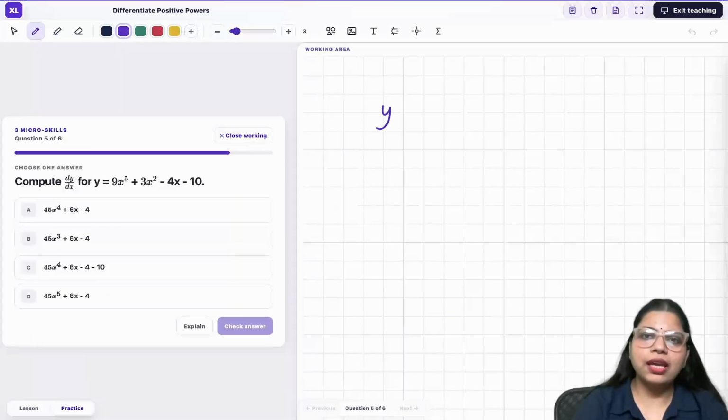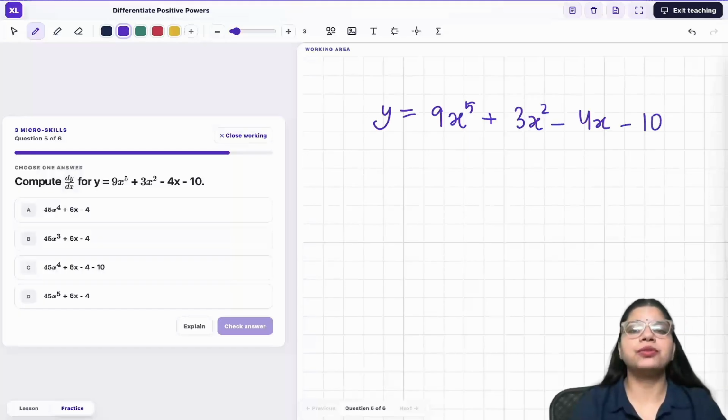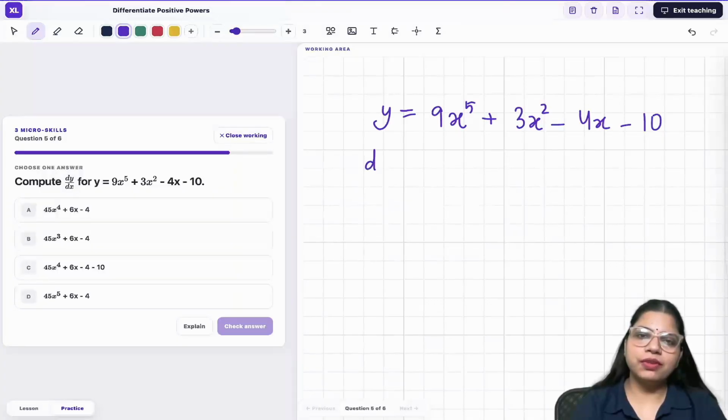For these types of questions, let's use the working area. So we have y equals 9x to 5 plus 3x squared minus 4x minus 10. How to do that? So dy by dx would be, we will consider each of the terms individually. So 9x to 5 first: indices multiplying with the coefficient gives us 45.